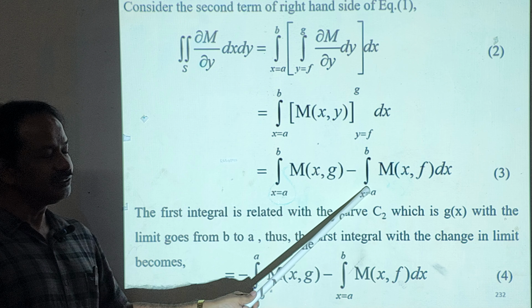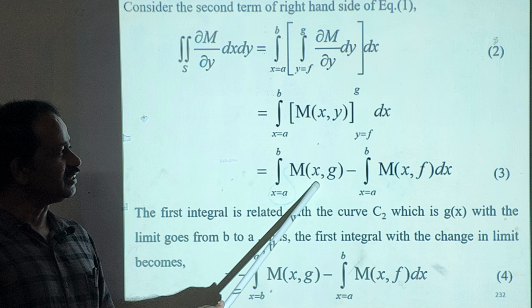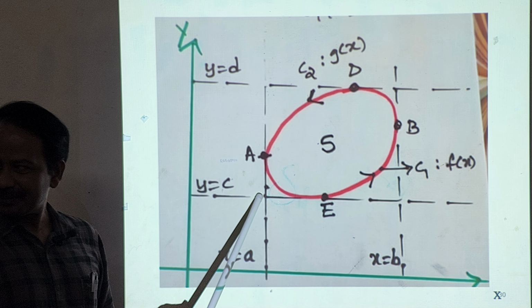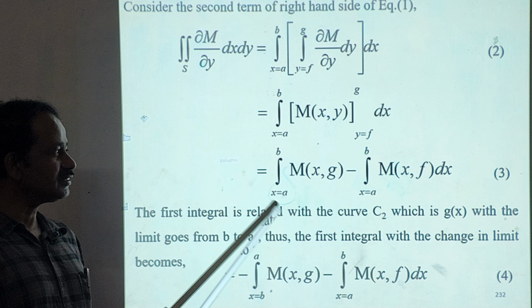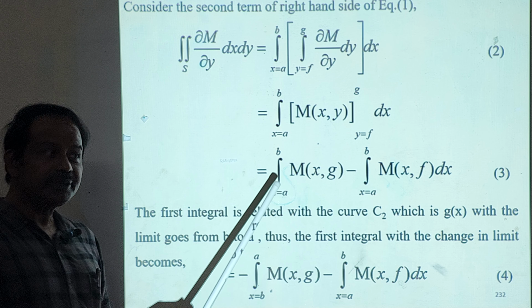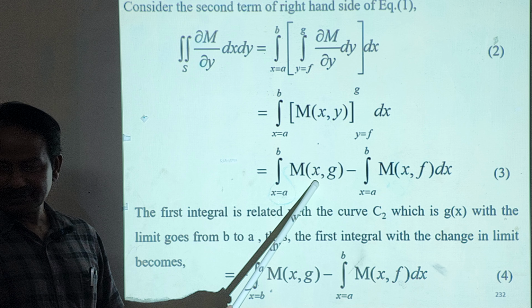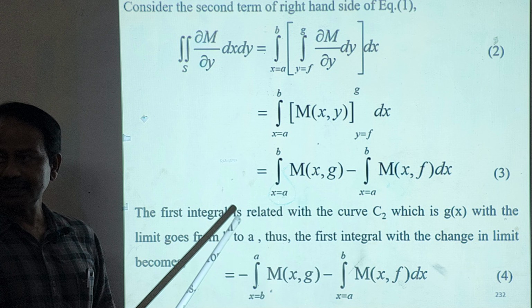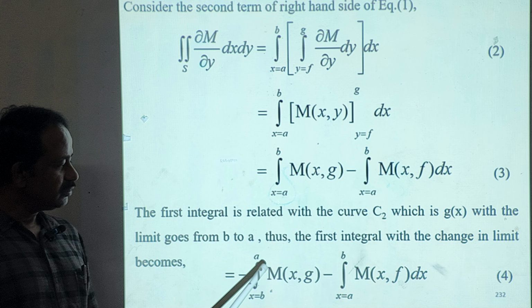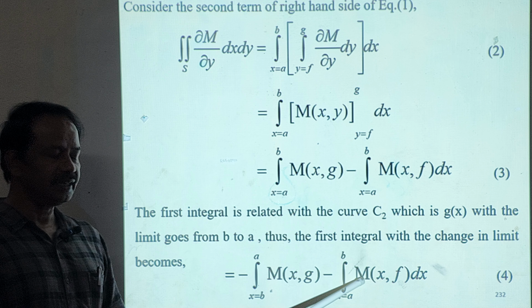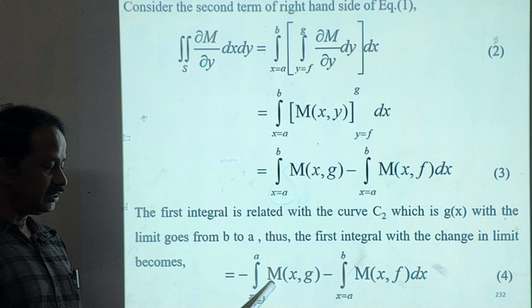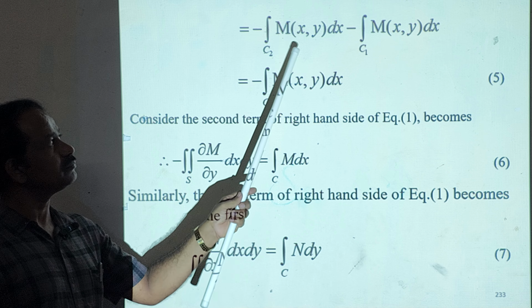This is A to B, this is also A to B. But M depends on g, and g goes from B to A, not from A to B. So we have to reverse the integral, which changes the limits, and it becomes minus B to A. Now it's correct. So M as a function of x comma g, and here M as a function of x comma f. This is your C2 curve, and this must be your C1 curve.